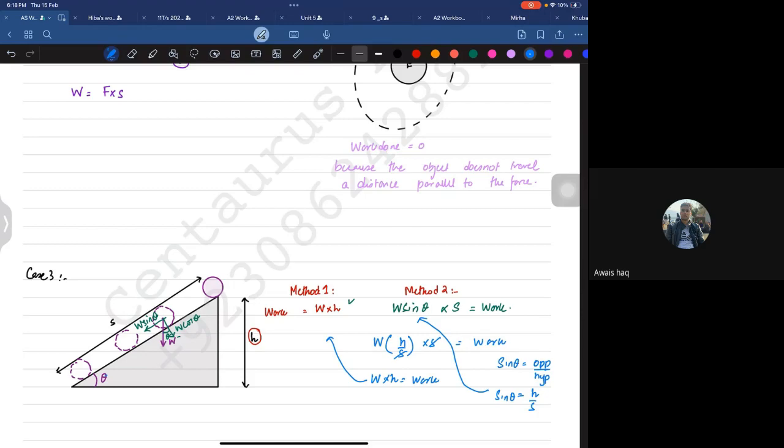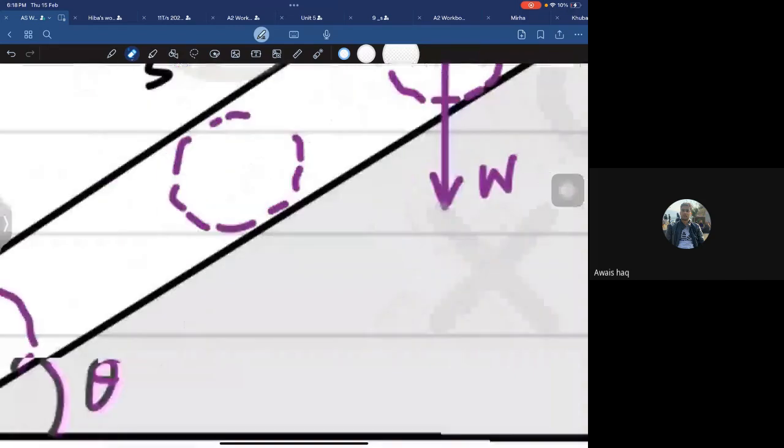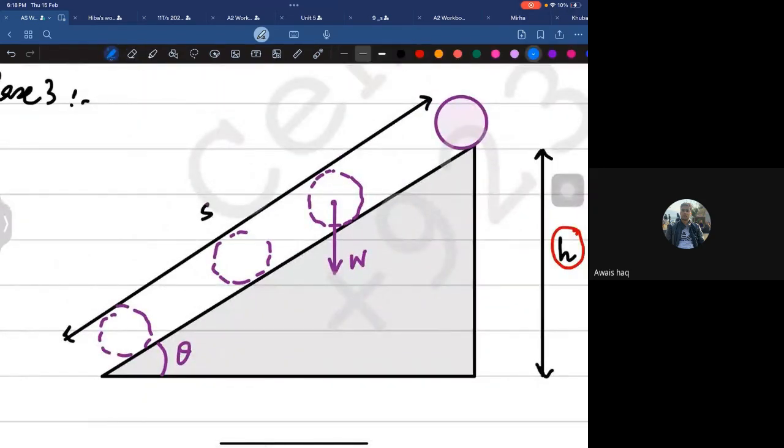Yes, why not? You see, when you have a slope situation like this, you got to make two components. One component is going to be down the slope always, and one component is going to be perpendicular to the slope. Okay, Hajra, like that. Always remember that this theta is always the theta between the perpendicular and the weight, which means this will become W cosine theta and this will be W sine theta.